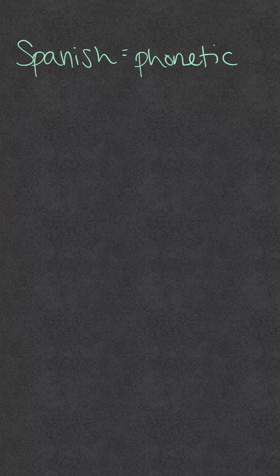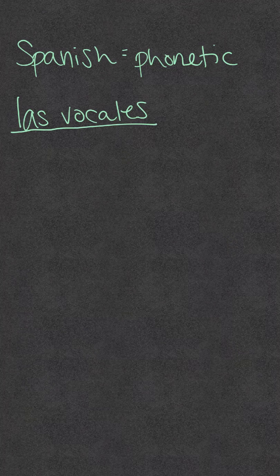All right, so the first thing that we're going to start with today are las vocales. These are our vowels. Now, within this video, I'm only going to be referring to the letters by their Spanish names. The reason being is that we do not confuse which letter I'm talking about, because some of them sound really similar from English to Spanish.